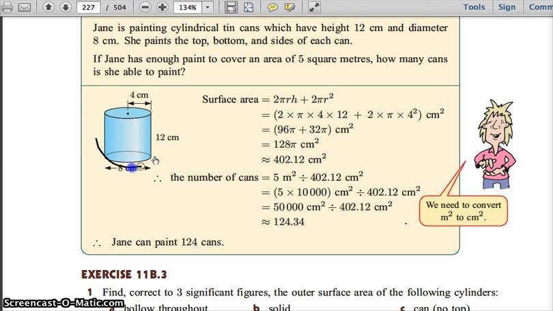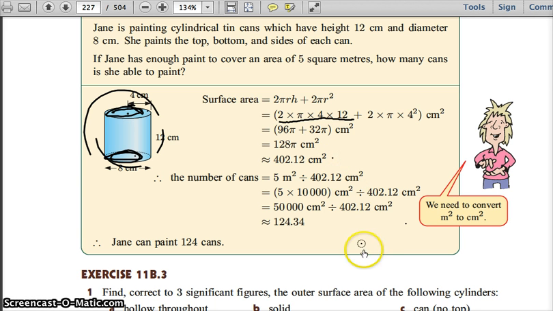They draw the shape, because it can become too hard just reading it and trying to pull out 2 pi r h. 2 pi r h, with r being 4 and h being your height, and 2 pi r squared being that circle calculated plus that circle calculated. When you add them all together, you get about 402.12.